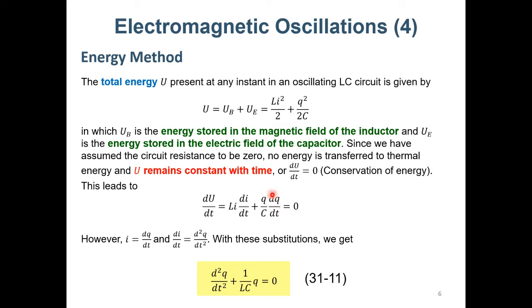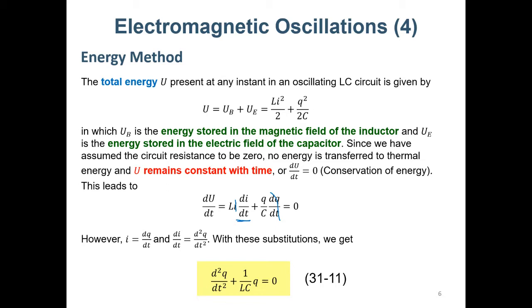So actually, Q is dq dt is actually I. This will not be a function equals to 0. So I and dq dt can be cancelled, and this one is d2q dt2.